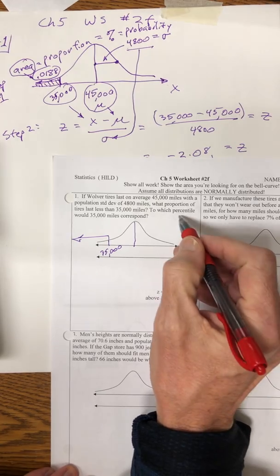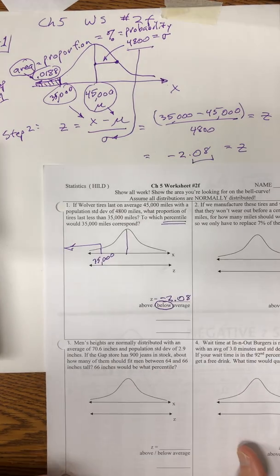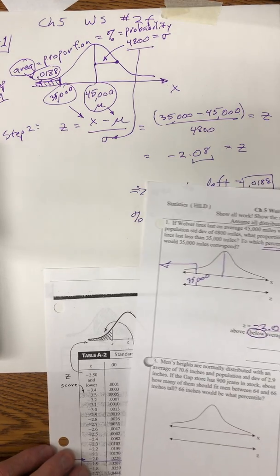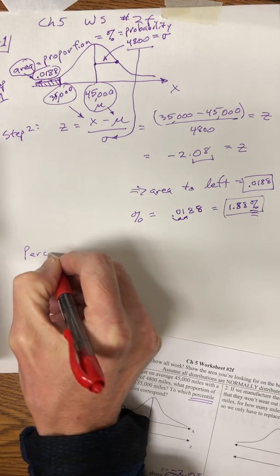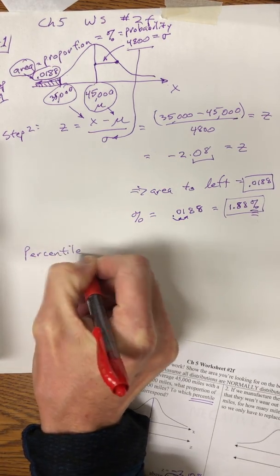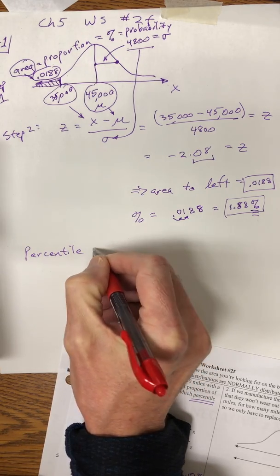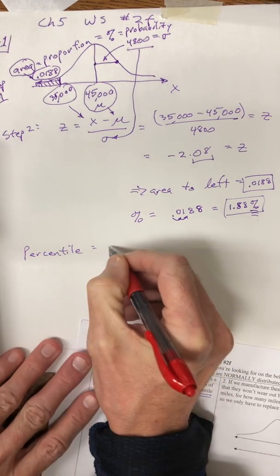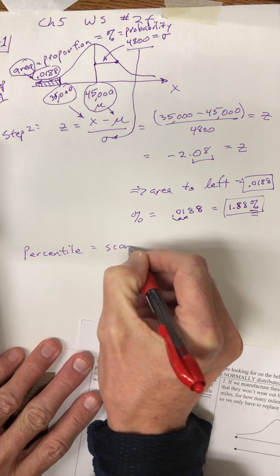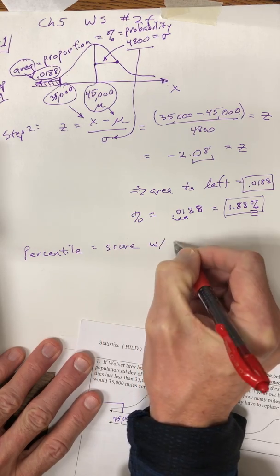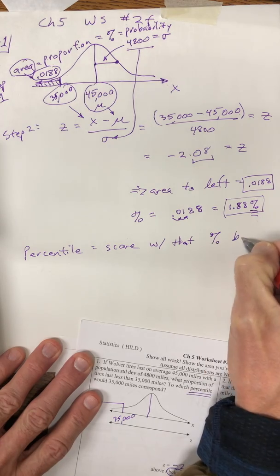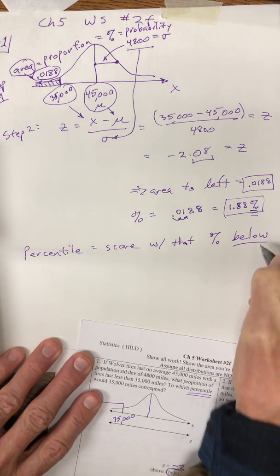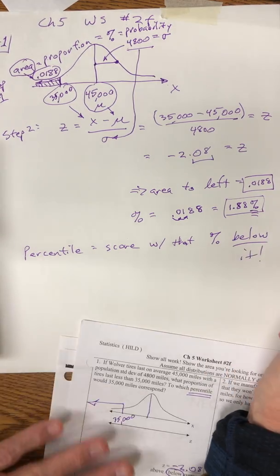And then it says, to what percentile would 35,000 miles correspond? So percentile is the score with that percent below it. Okay?